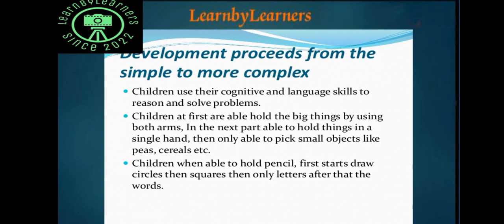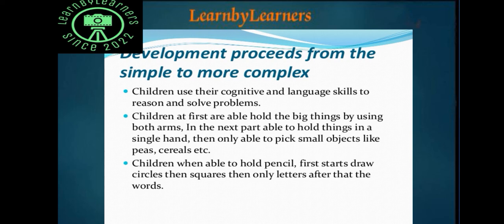Now the next one is that development proceeds from simple to more complex, right? In this process, cognitive and language skills are used as a reason to solve a particular problem, right?